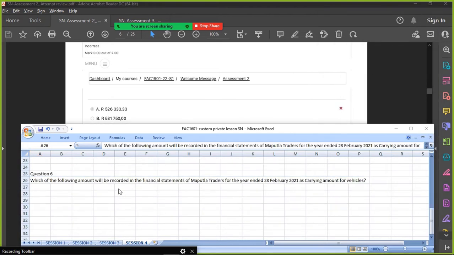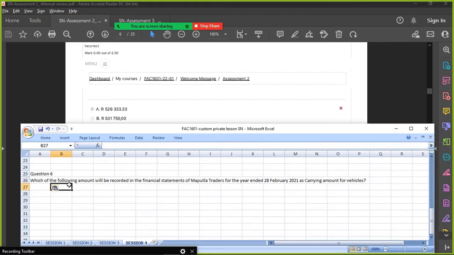All right, so 6 is asking you to look at carrying amount. So just in terms of theory, carrying amount is cost minus accumulated depreciation. Is that okay? Yeah. So they want this for vehicles. So we need the cost for vehicles, and we need the accumulated depreciation.